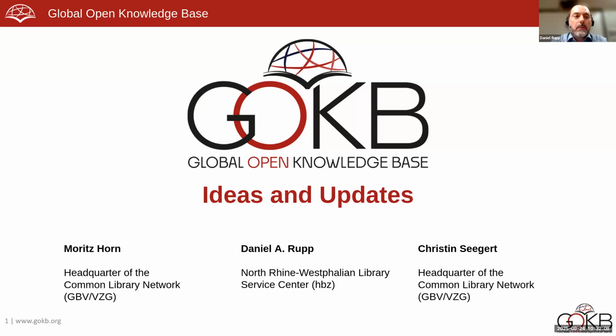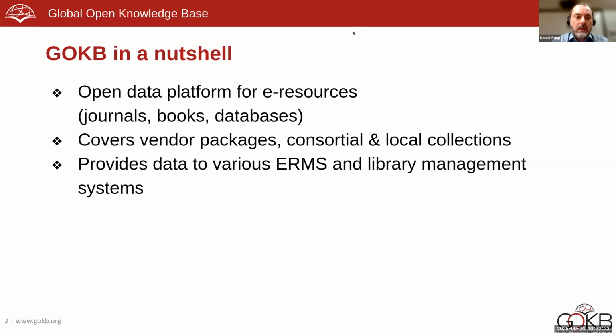So for all those who have no idea what the GOKB is, I will give a really short introduction. I think I'll be done in 3 minutes or so. In a nutshell, the GOKB is an open data platform for e-resources. E-resources means we have e-journals, e-books, databases, and the metadata of them in our database.